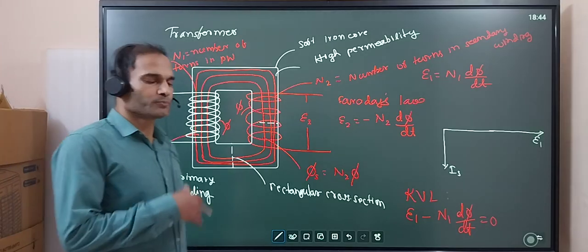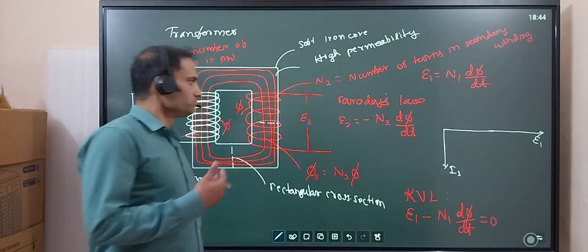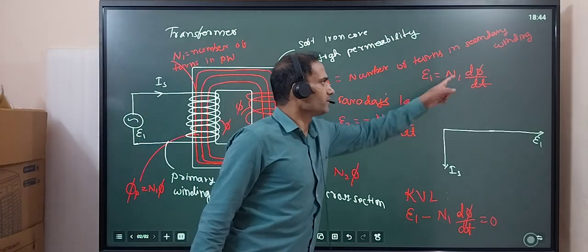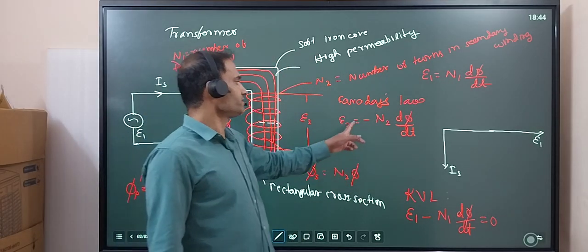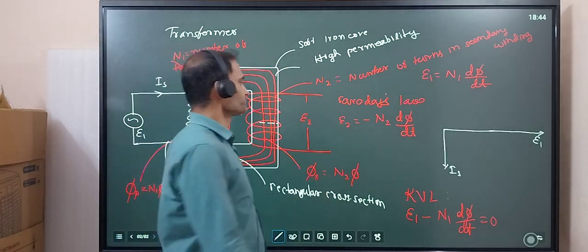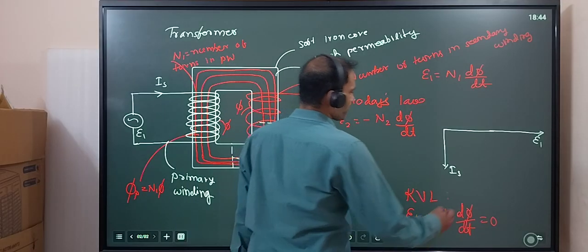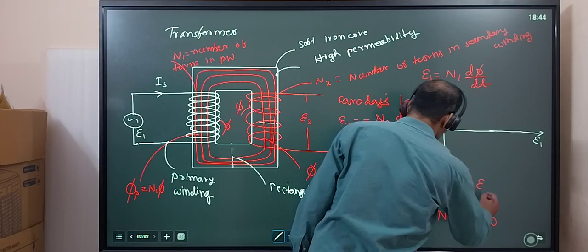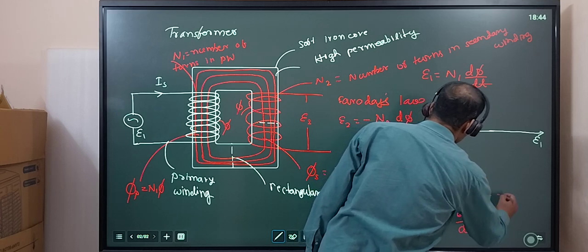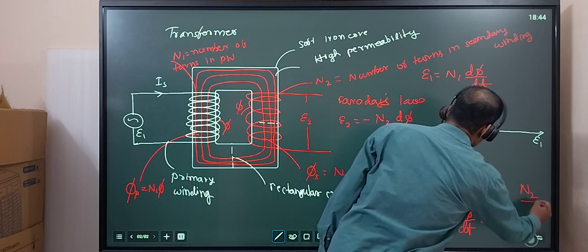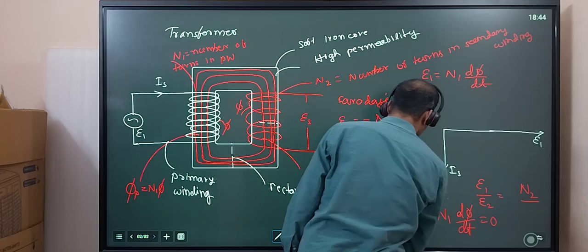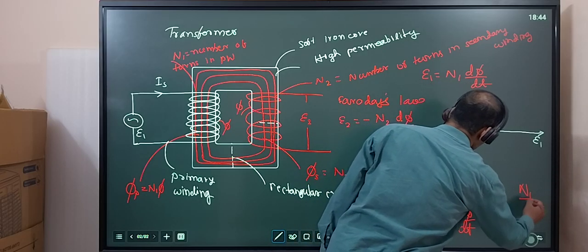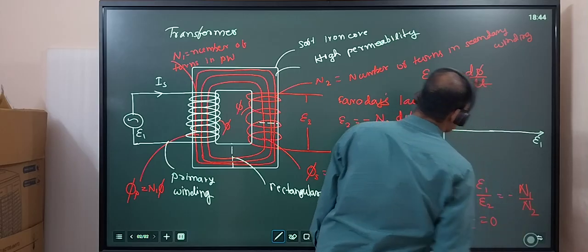So up to this point, E2 and E1 look the same, except there is a negative sign. So E1 by E2 will be N1 by N2, but with a negative sign.